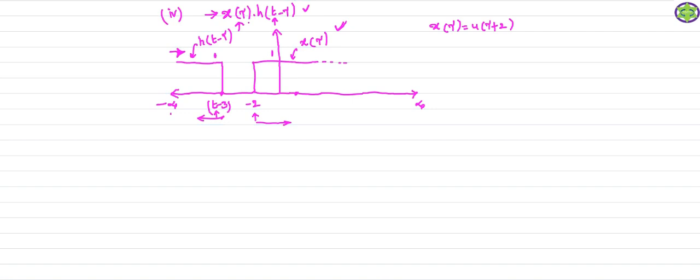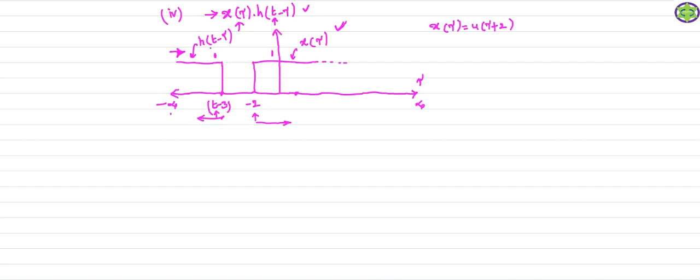Now if you observe here, this is your fourth step. In the fourth step, you need to represent both these signals on the same axis. This is the representation of your x of tau and h of t minus tau on the same axis. The axis here is tau. We are going to represent both signals on the same axis.